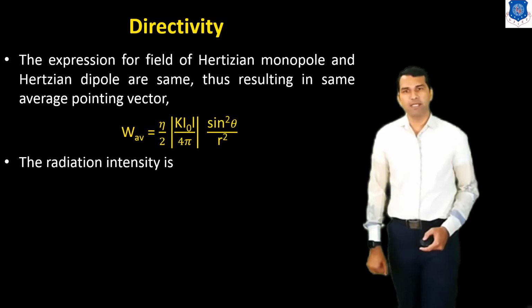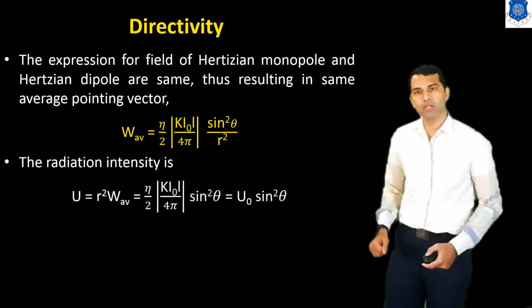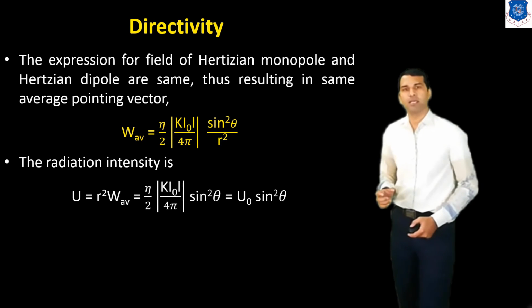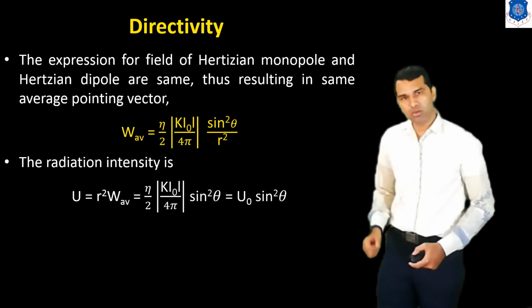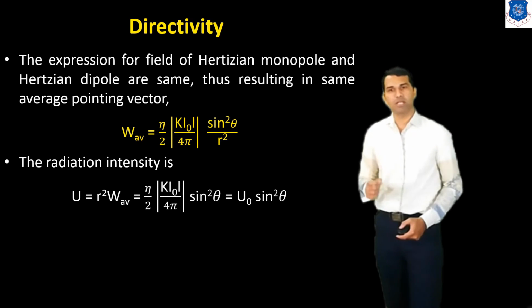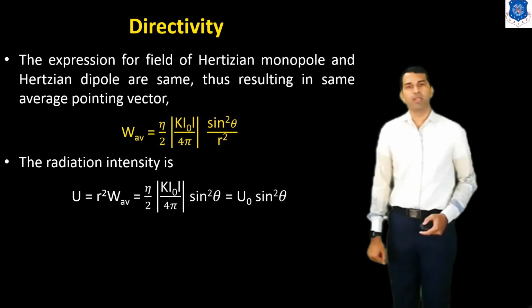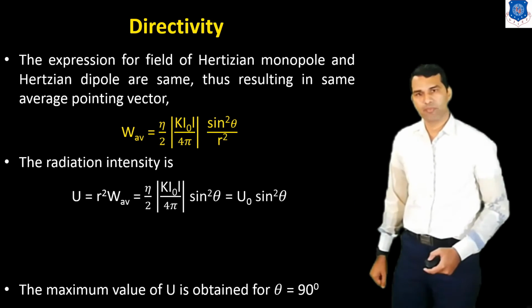The radiation intensity is given by U, and we know that the radiation intensity is nothing but R square into W average. So we get eta by 2 times (K I0 L upon 4 pi) whole square into sin square theta. We can write this as U0 into sin square theta.